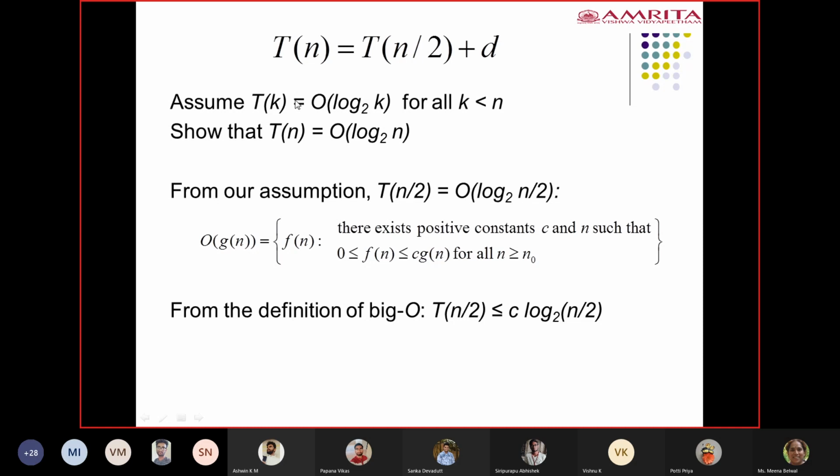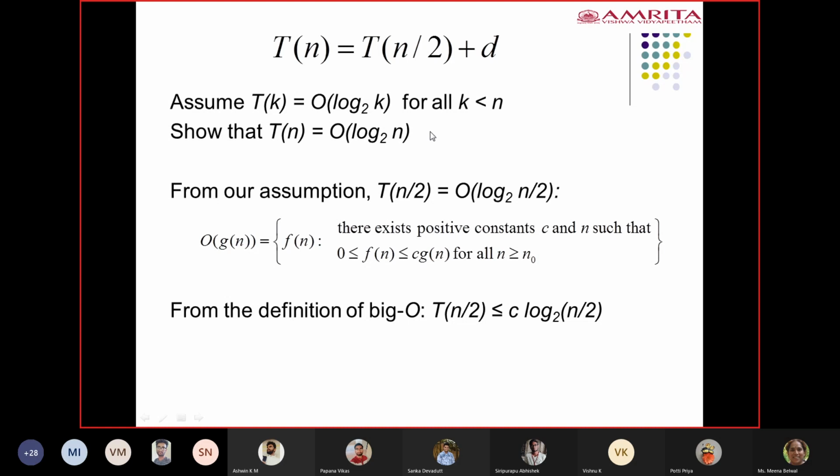Firstly, we assume that it is correct for smaller values, where k is less than n. When we assume this, it becomes O(log k) base 2.